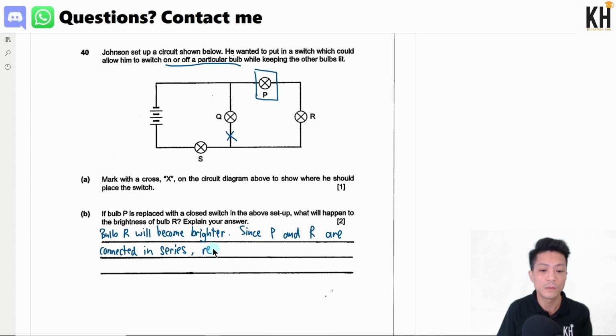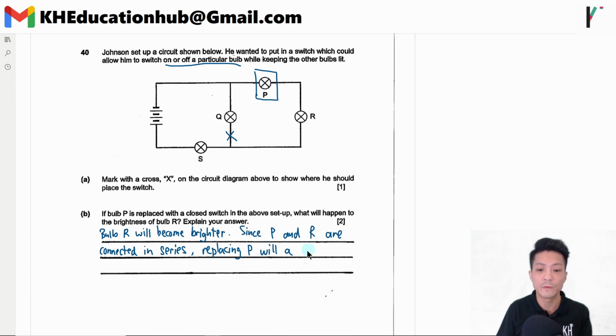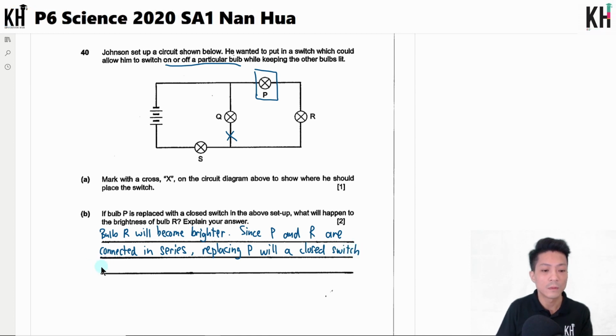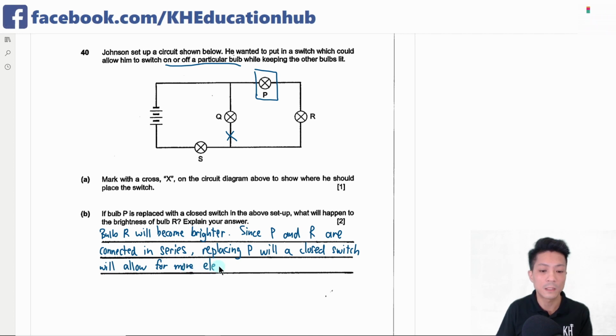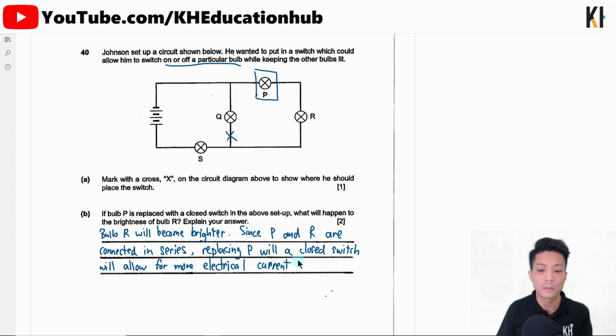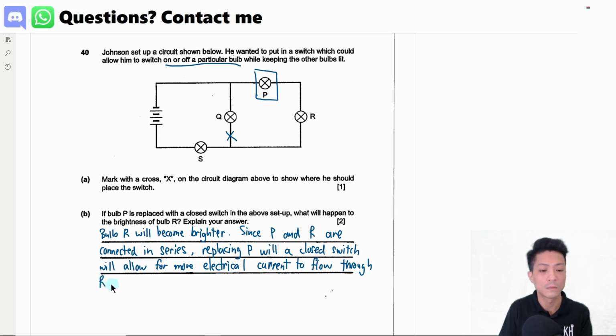Replacing, sorry, not removing, replacing P with a closed switch will allow for more electrical current to flow through R, making it brighter.